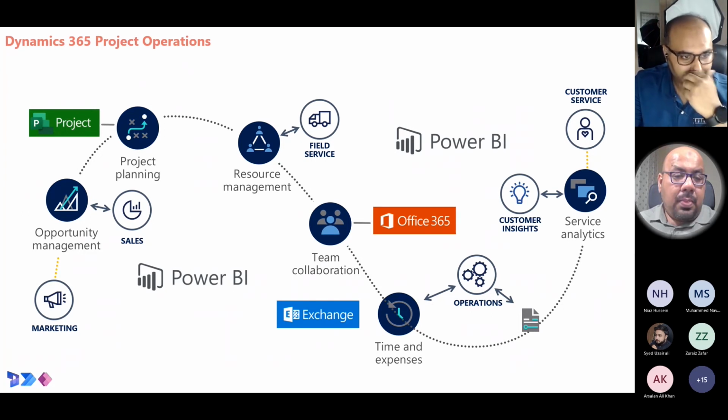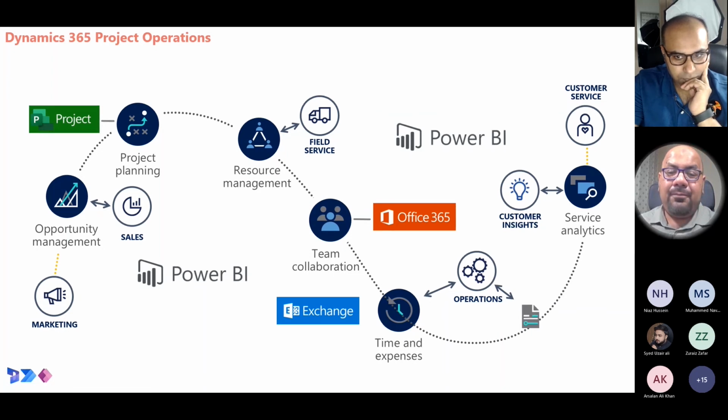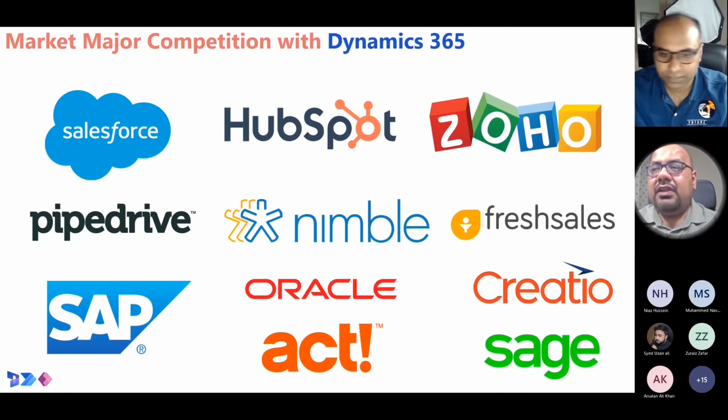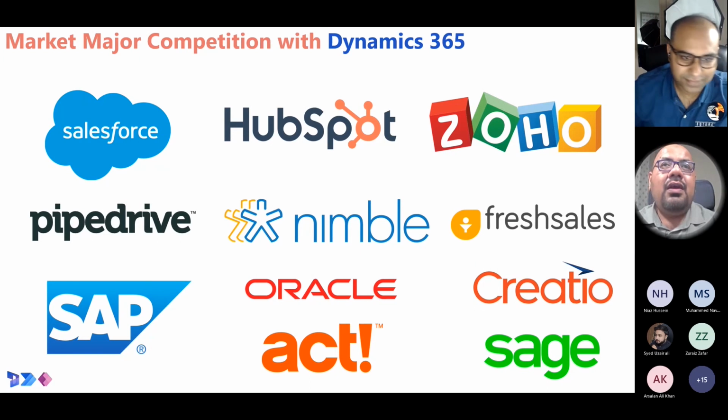Now let's move to another part which is very interesting, the competition that we are going to have. Dynamics 365 or Microsoft has competition from these vendors, suppliers and proprietary software owners and developers. These are the major ones.